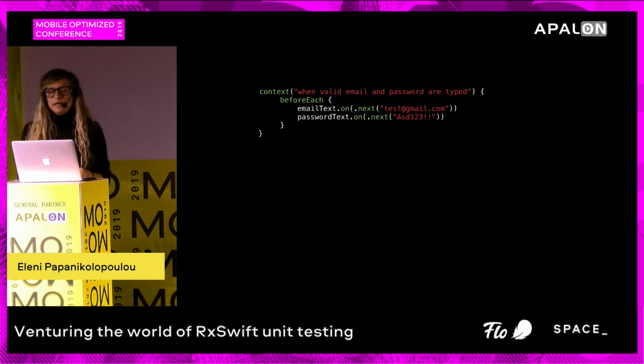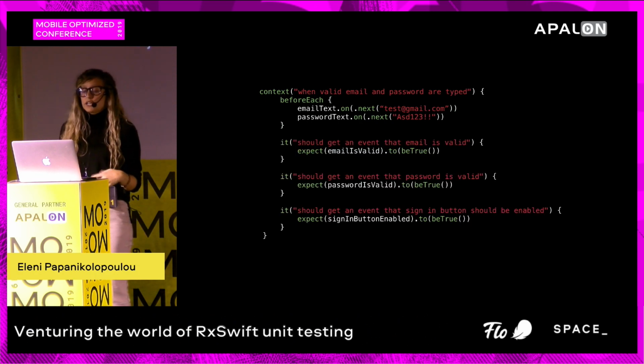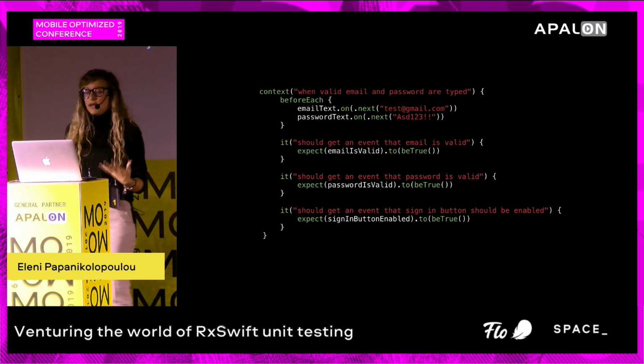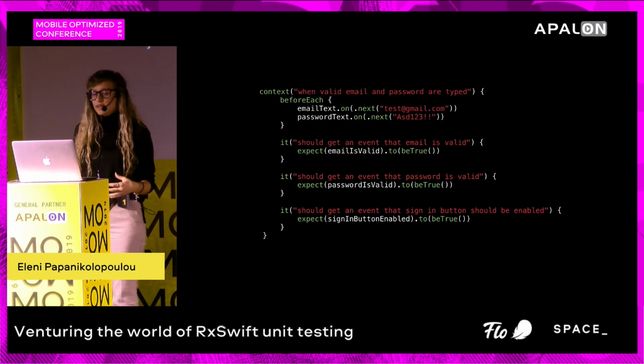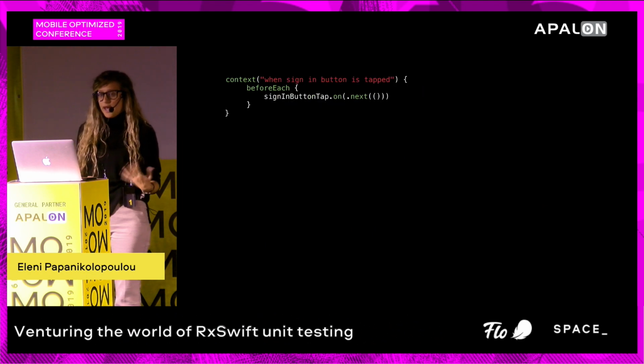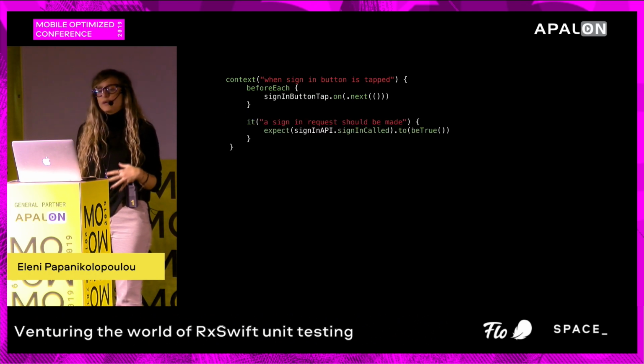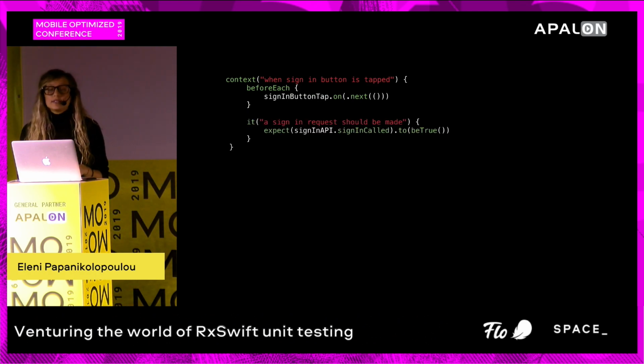And we continue by giving next events to simulate that we have typed a correct email and password. And we expect to have events that the email and password we just typed are correct. And since both are correct, the sign-in button now should be enabled. And since the sign-in button is enabled, we have a next event to simulate that we click the sign-in button, and we expect that the sign-in request has taken place.